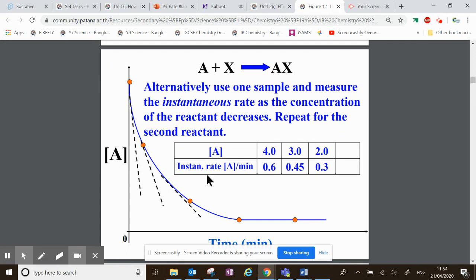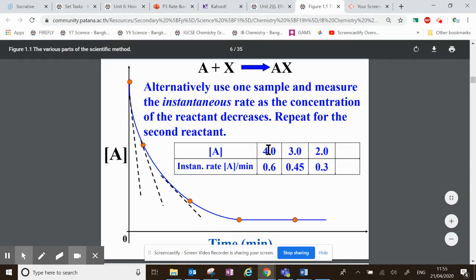An alternative way of getting that information that you can see in the table here, the concentrations and the corresponding rates, is by doing this type of experiment, which is what's known as a progress curve method. So you set up one experiment. In this case, the initial concentration was 4 molar up here, and then we let the experiment run.